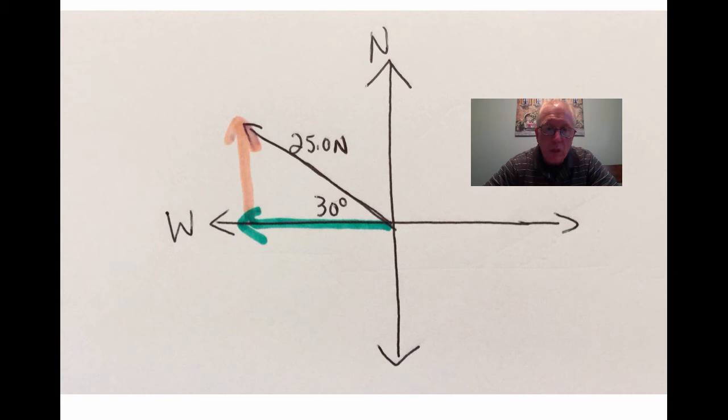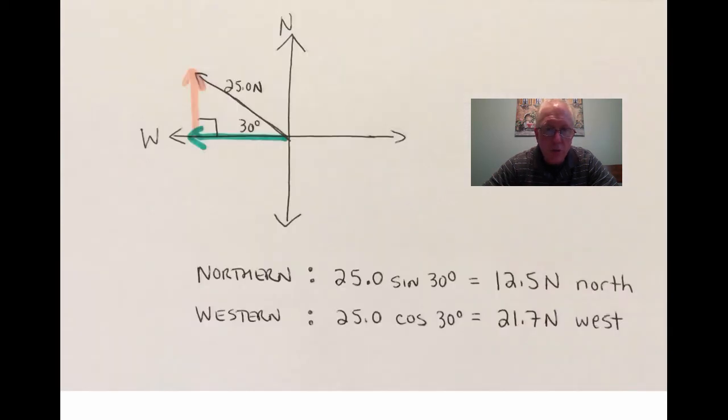In green is the western component of that force, and then the part that goes to the north is in reddish color over here. So the green is adjacent to my 30-degree angle, and the red, the northern component, is opposite the 30-degree angle. So with a little bit of trigonometry, I can break these into its parts.